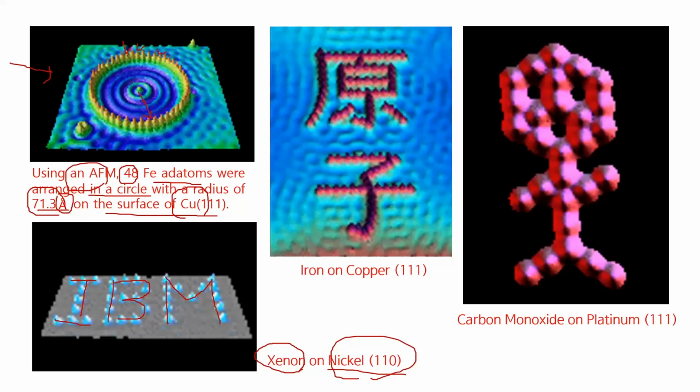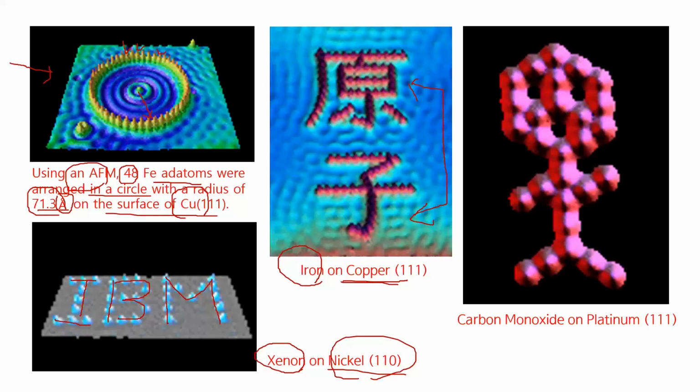And this figure shows iron atoms arranged on the copper surface, and this Chinese letter shows the atom.